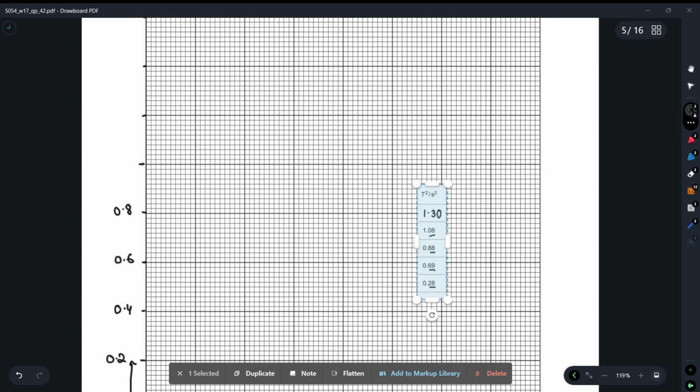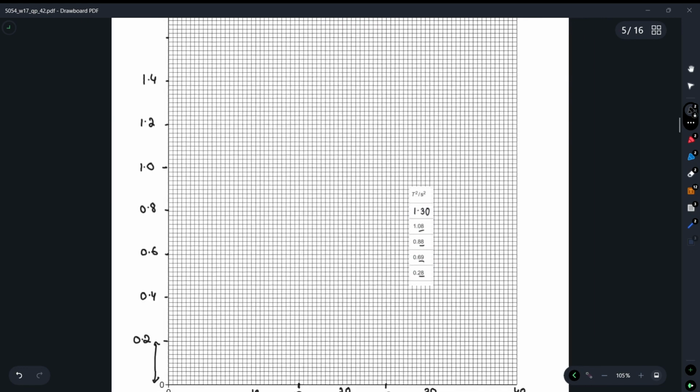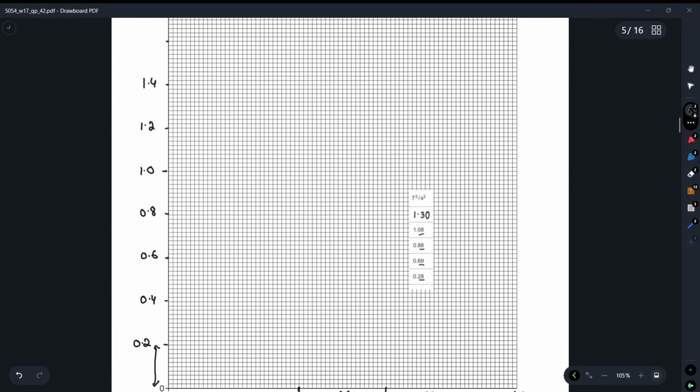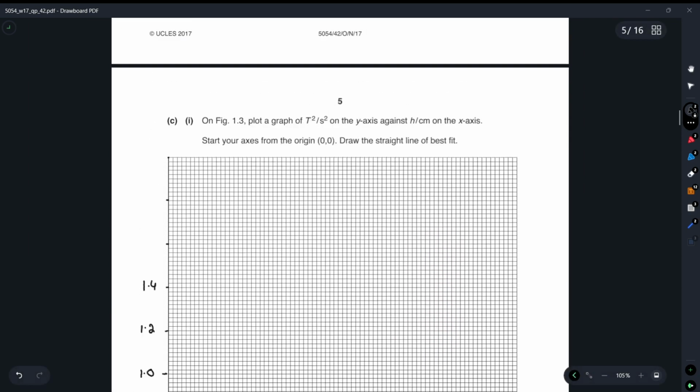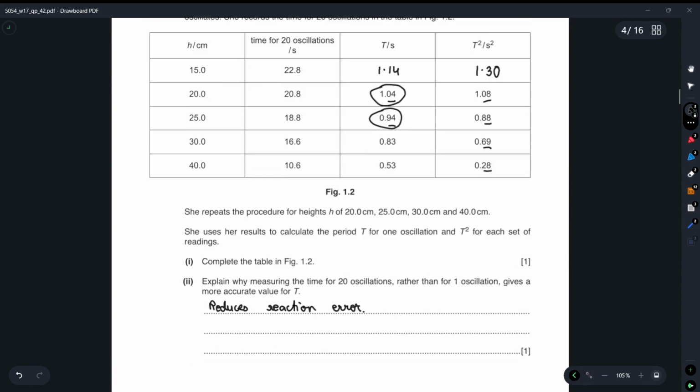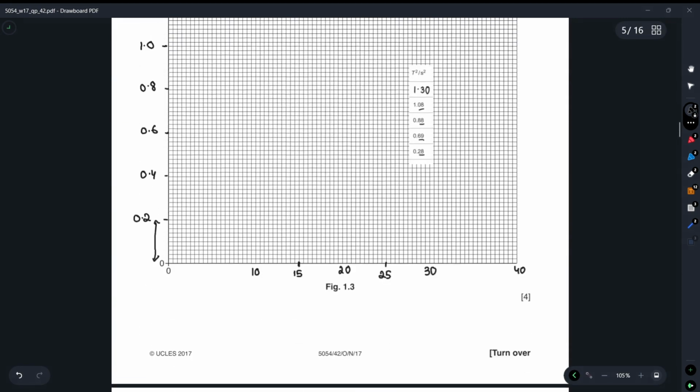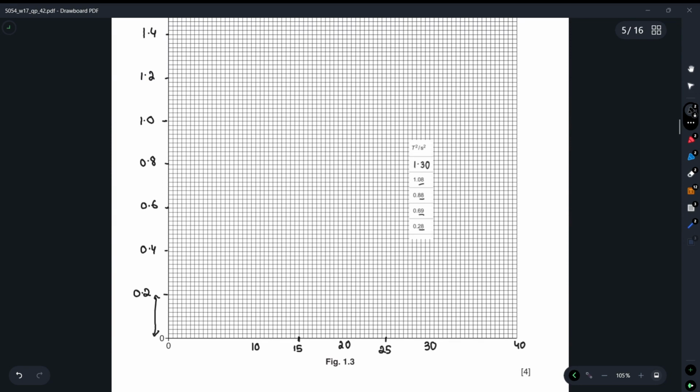We're still going more than half, तो ठीक है, चलेगा. 1.0, 1.2, and 1.4. So this is still more than half, right? So I guess it's gonna work. So the first value of x is 15, 20, 25, 30, and 40. So 15 pe it's 1.3.